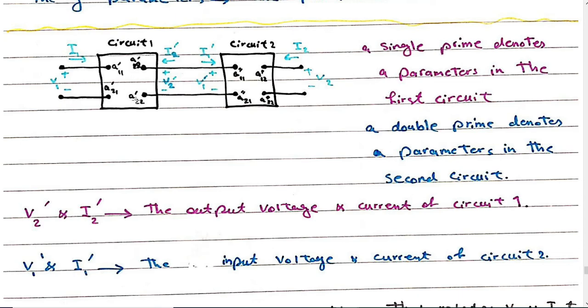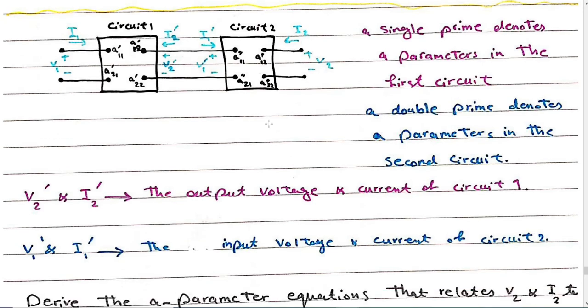And you see over here we have A21 prime and A11 prime, A22 prime and A12 prime. But for the second circuit, you see double prime A parameters, A11 double prime and A12 double prime, A21 and A22 double prime. Okay? You just reverse the sign from the I. Yes. For these two, yes.